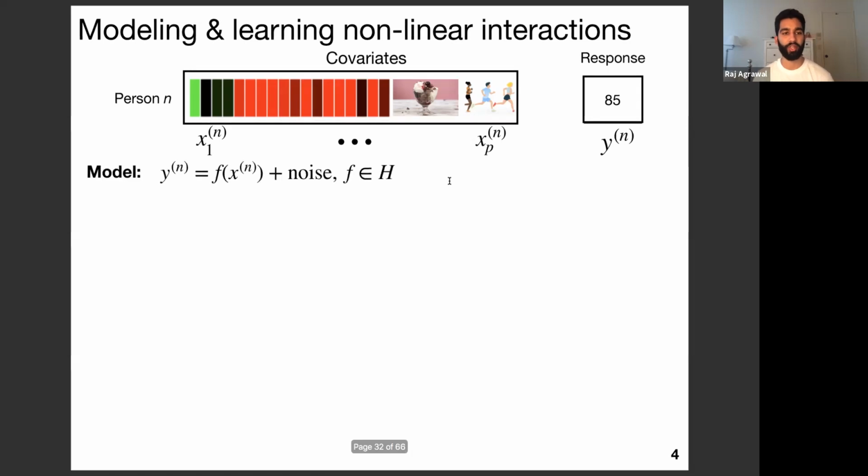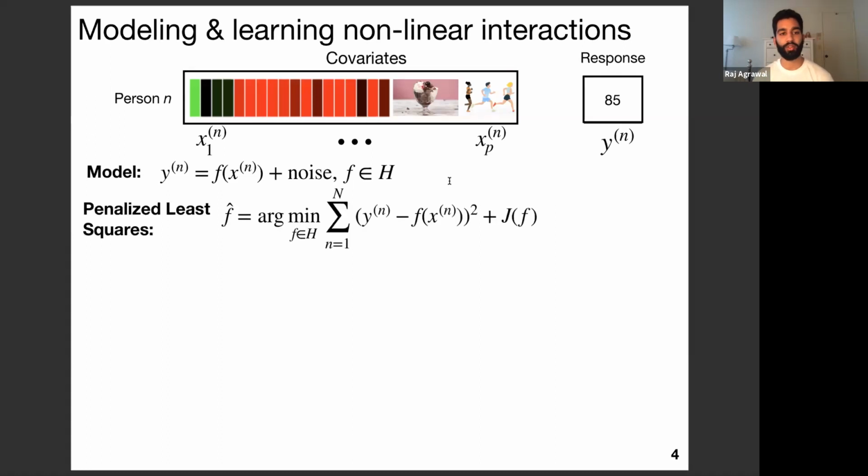We'll start with a fairly general model where the response is equal to some potentially nonlinear function f of the covariates plus additive noise, where this unknown regression function f we would like to learn belongs to a class of functions H. To estimate f, we're going to look at a penalized least squares estimator, which is the minimizing function over this class of functions H of the sum of squared errors plus this model complexity term J(f).